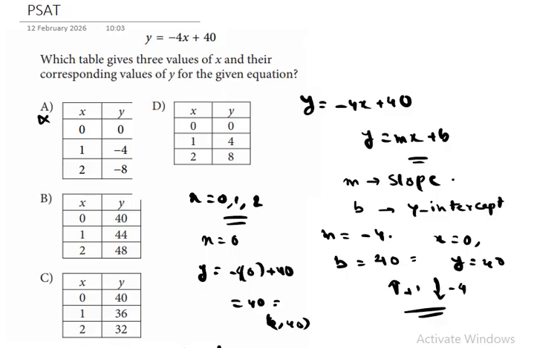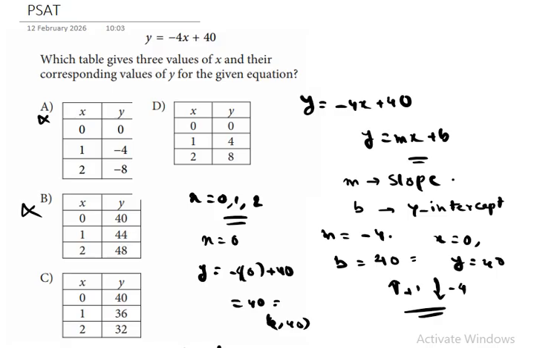Now come to option B. Option B says 0, 40, 1, 44, 2, 48. Let's observe the pattern. The y values are increasing by 4, but our equation has slope minus 4. That means y must decrease by 4, not increase. So option B is also not correct.